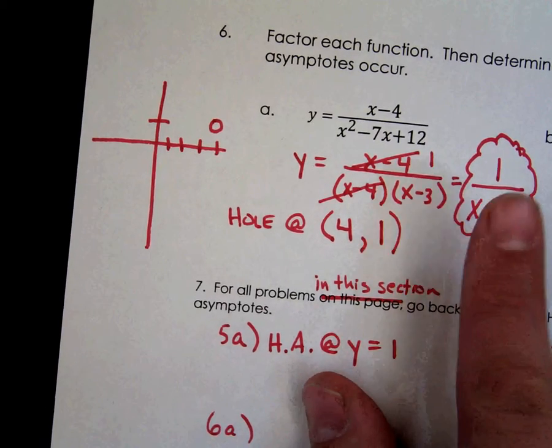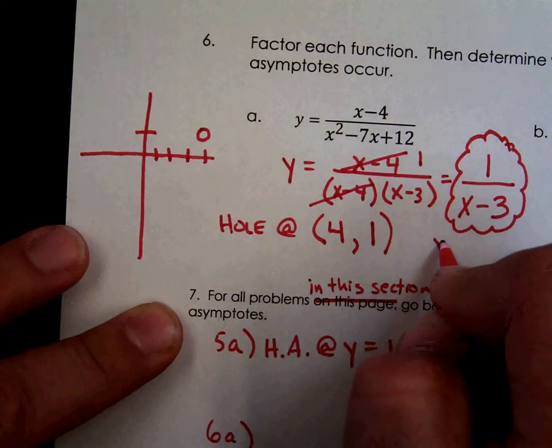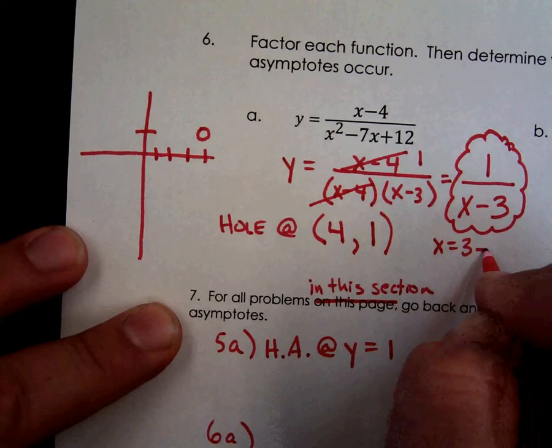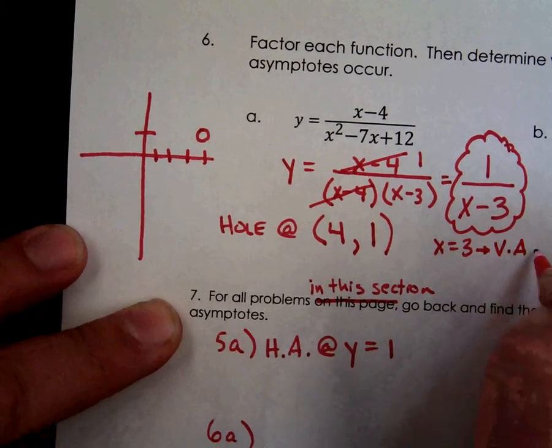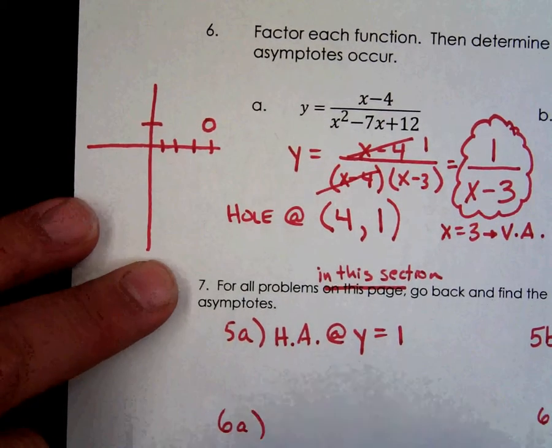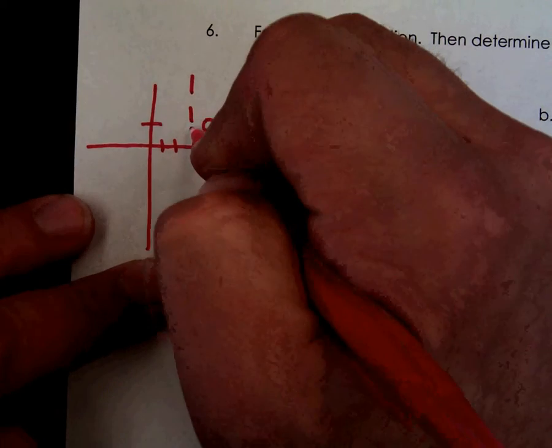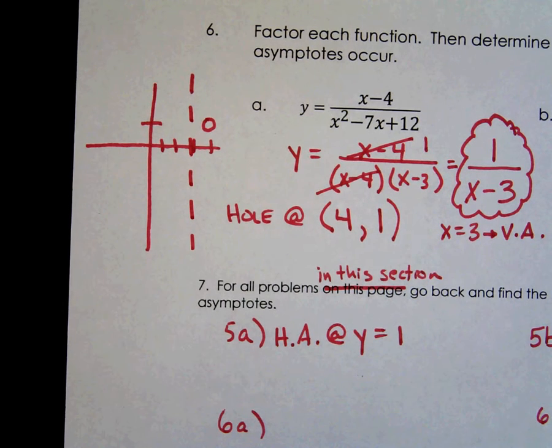So at x equals 3, we're going to have a vertical asymptote. So if I'm building this graph, I would go over to x equals 3 and put a dotted line. The function is not allowed to live there. It's going to be a wall that the function approaches and never crosses.